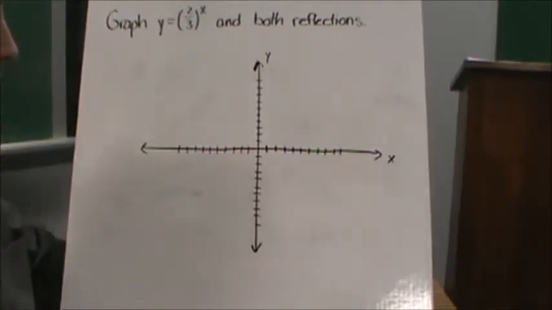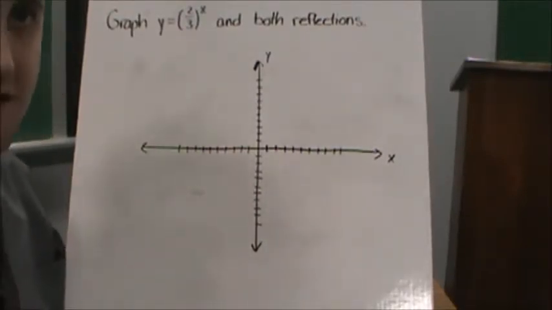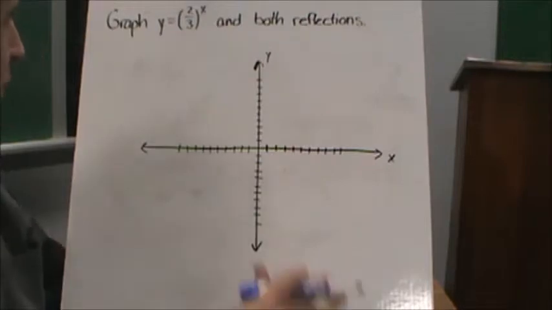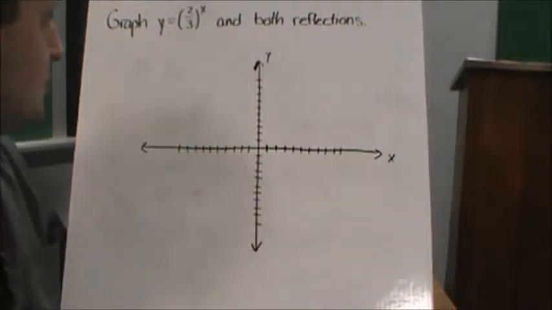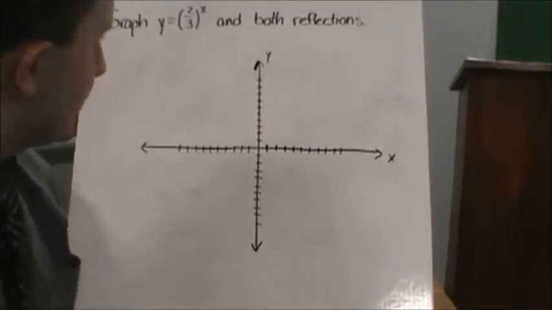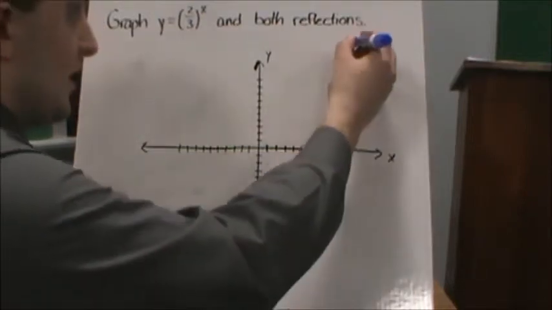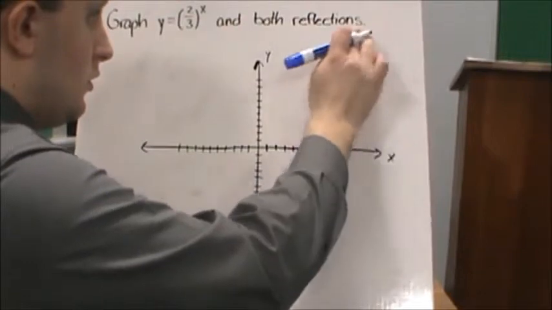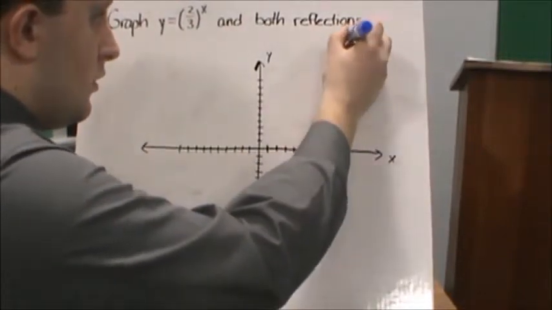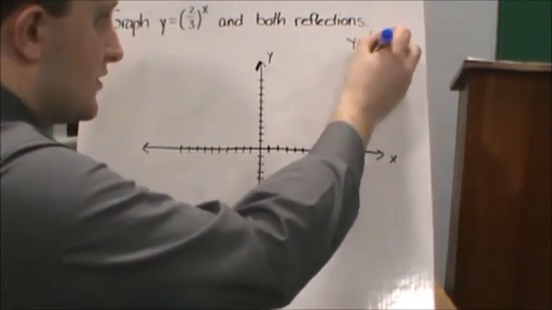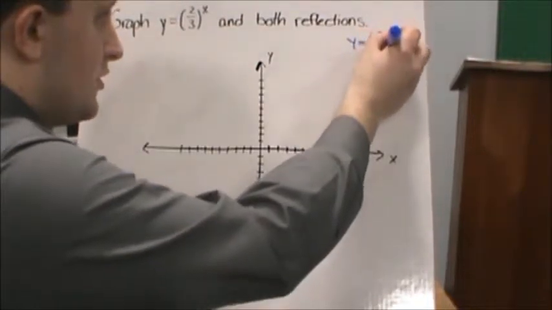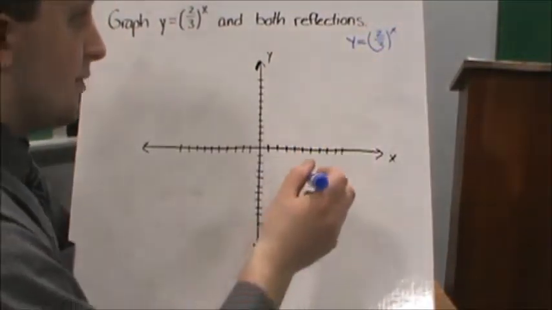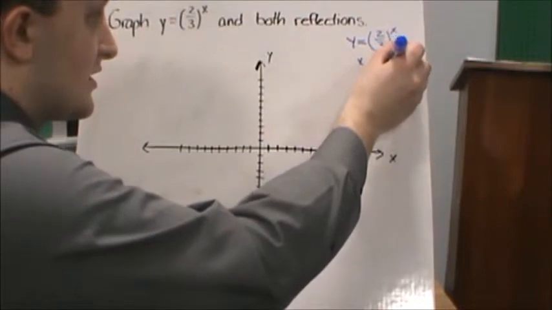So one final example. We're asked to graph y equals quantity 2/3 to the x and both reflections. Well, if we think about it, if we have y equals 2/3 to the x, let's think about that in terms of our x's and our y's.